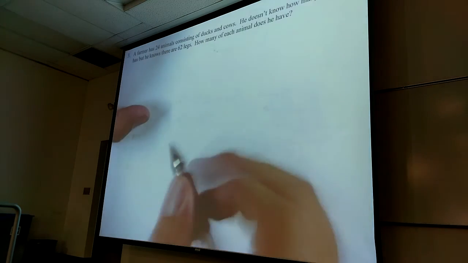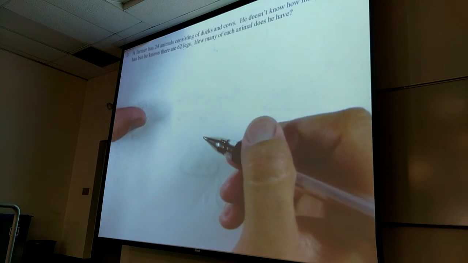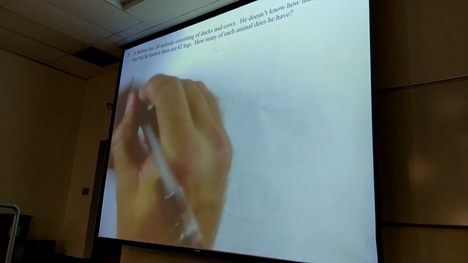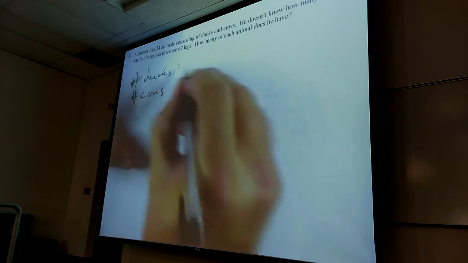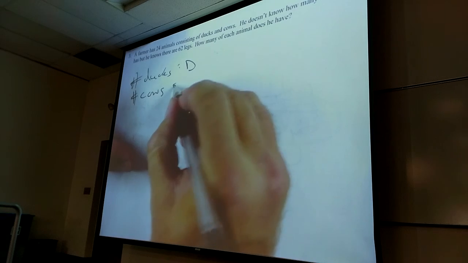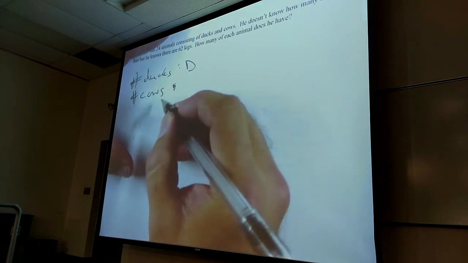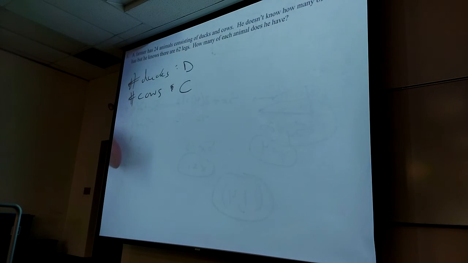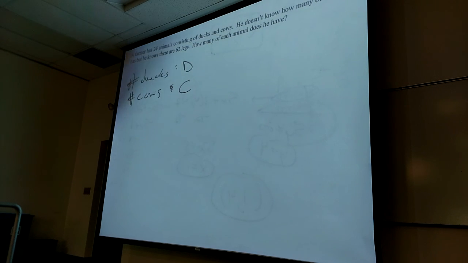Now watch, this is so beautiful. What are my unknowns? Ducks and cows. The number of ducks and the number of cows. I'm going to call the number of ducks D, and the number of cows C, because then it's really easy to know what the answer means when you get it.